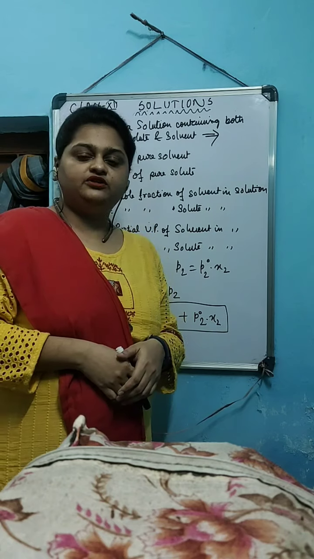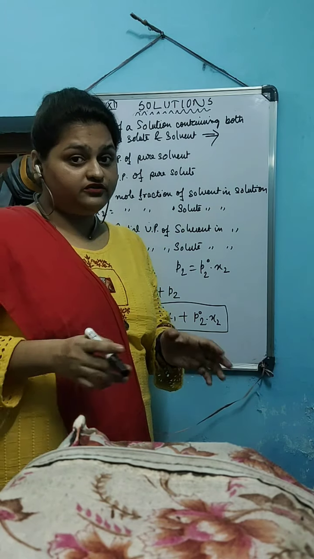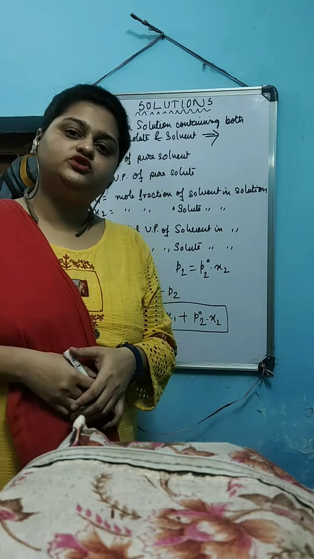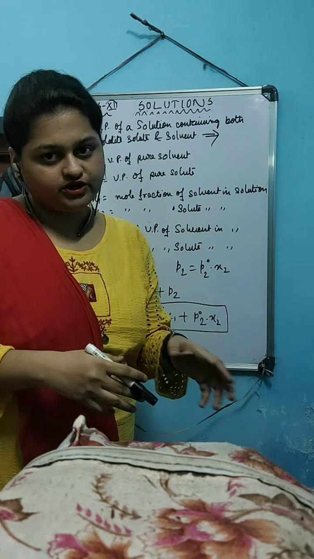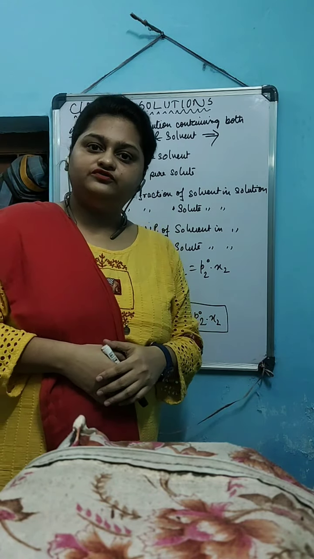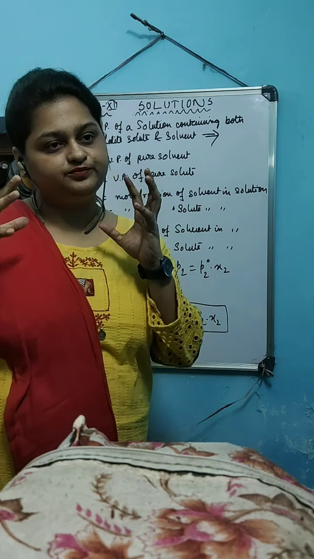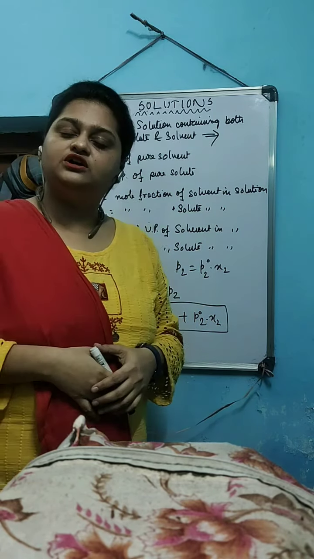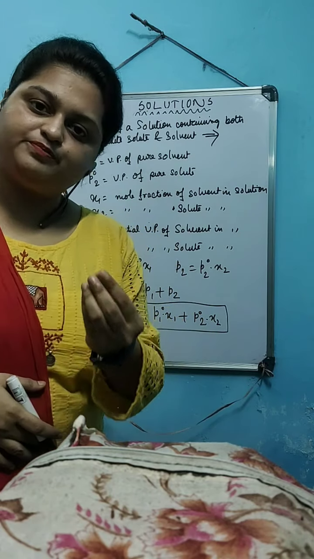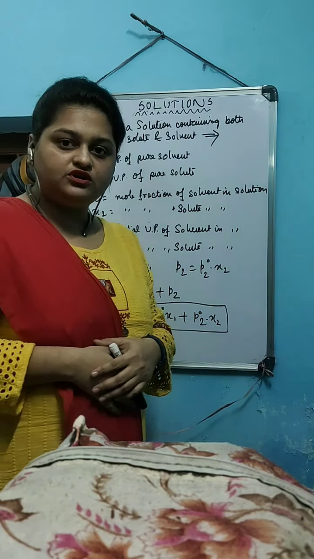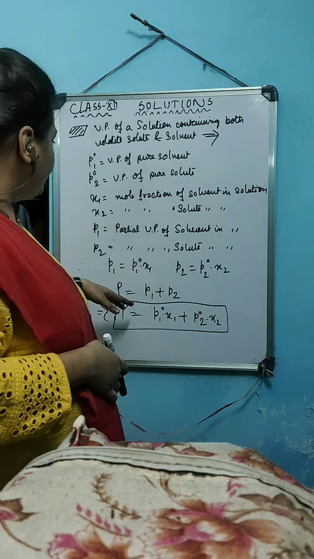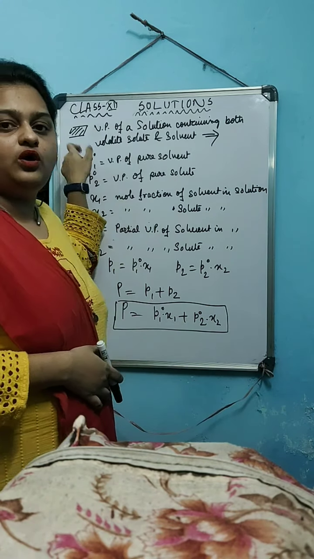Let's take an example of a volatile pure solvent confined in a closed container. The vapor pressure of that pure solvent, when it is present alone in the closed container, is the pure vapor pressure of that solvent, which is represented by P naught 1.